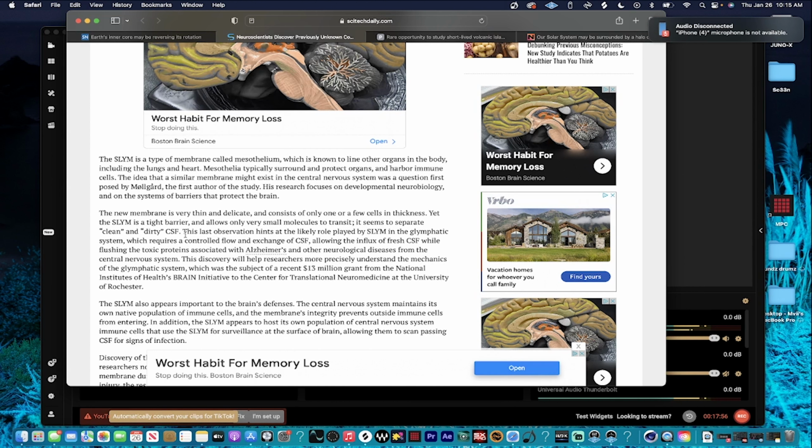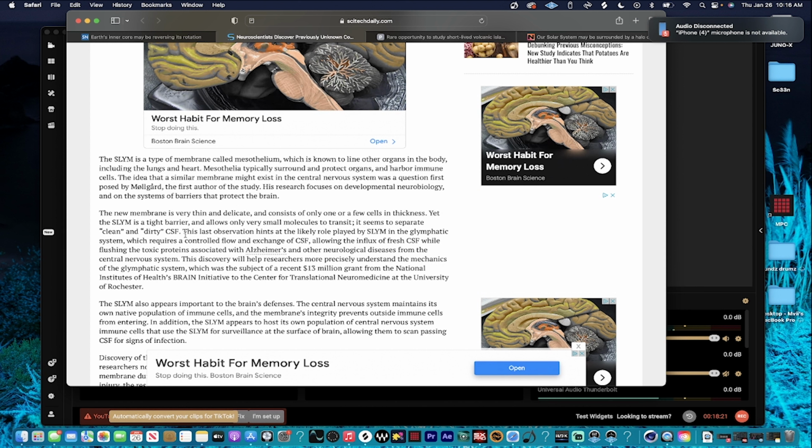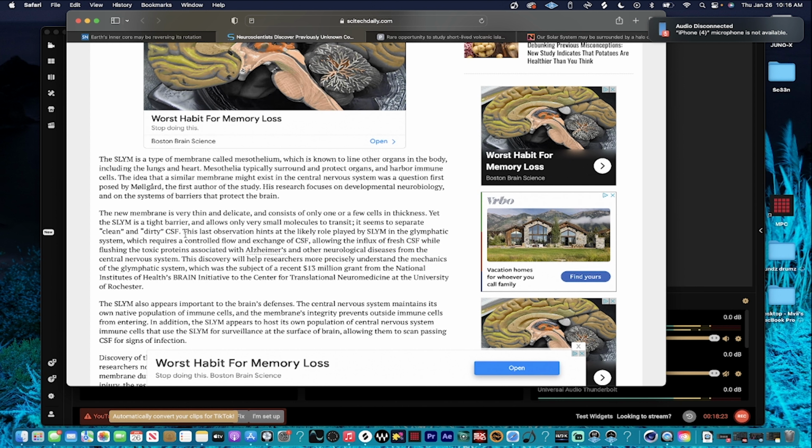So the clean obviously comes from your choroid plexus, third ventricle, all your ventricles, going into your subarachnoid space, and then it gets absorbed with the subarachnoid villi. There you go, and pretty much it goes into the venous system.